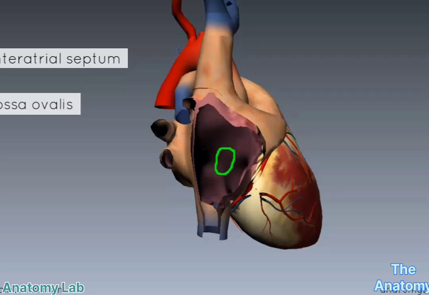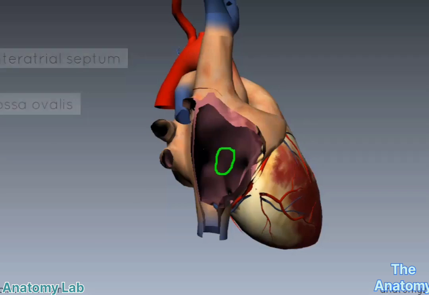It's essentially a remnant of the embryonic foramen ovale, which in the fetus allows blood to pass from the right to the left atrium. It's actually open in the fetal heart, and you get this flow of blood from the right to the left atrium, bypassing the lungs, which aren't actually functional in the fetus. But in the adult it should be closed. So this is the fossa ovalis on the interatrial septum.